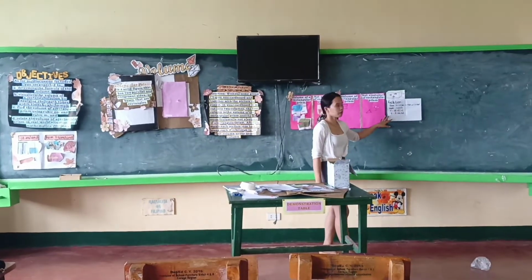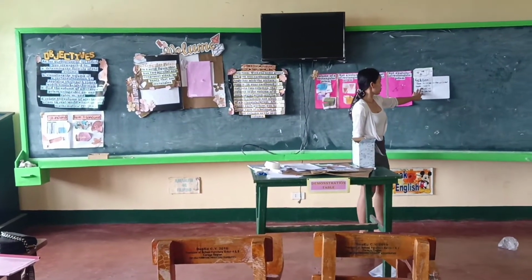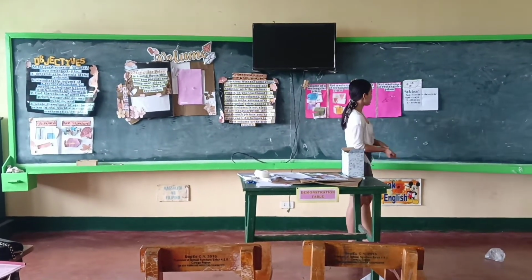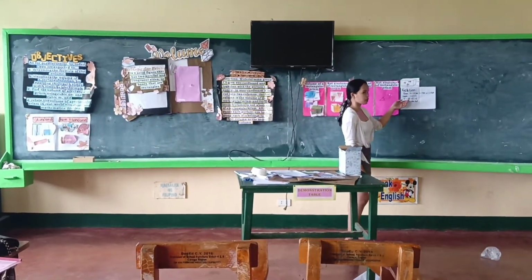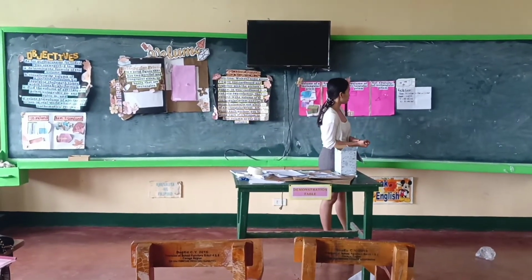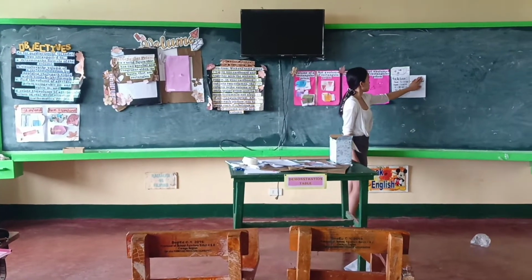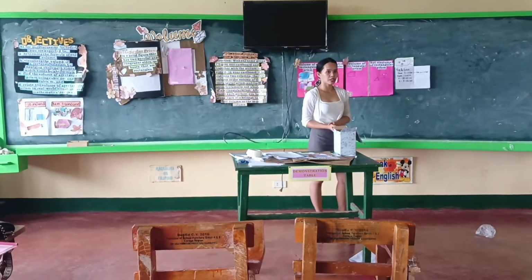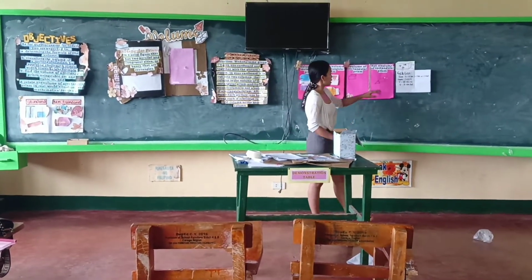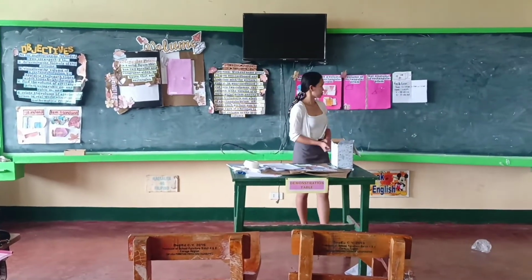By the formula, the volume is equal to length times width times height. V is equal to 4 times 1.5 times 2.5, which is 15 cubic feet. So it means that the volume of this aquarium is 15 cubic feet.